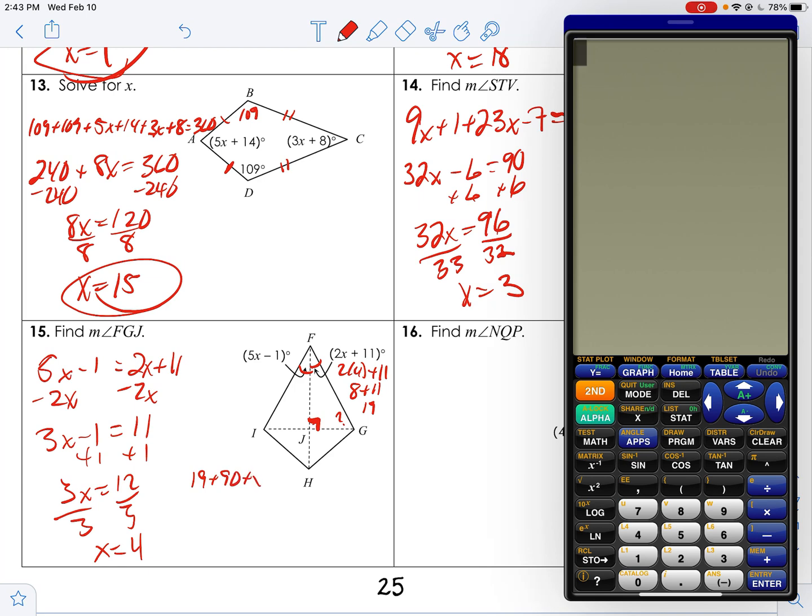So 19 and 90 and something. So 19 plus 90 plus x equals 180. So that's 109 plus x equals 180, minus 109, 171, which is the measure of angle FGJ.